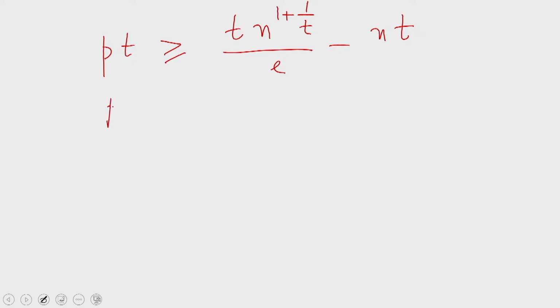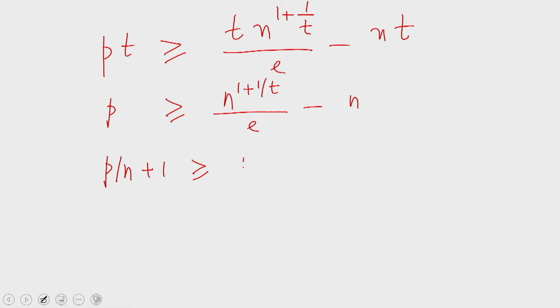Dividing both sides by t, we have p greater than or equal to n power 1 plus 1 by t by e minus n, or in other words p by n plus 1 is greater than or equal to, that is dividing both sides by n and then moving the negative term to the other side, we have n power 1 by t by e, or n power 1 by t is less than or equal to e times p by n plus 1.